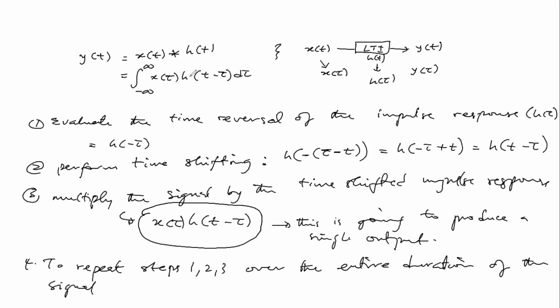Once you perform time reversal, the next thing is to perform time shifting. After performing time shifting, you multiply the signal by the time shifted impulse response, and you get a single signal output at that instant of time. You repeat this entire process for the entire duration of the signal, so as to get the total output.